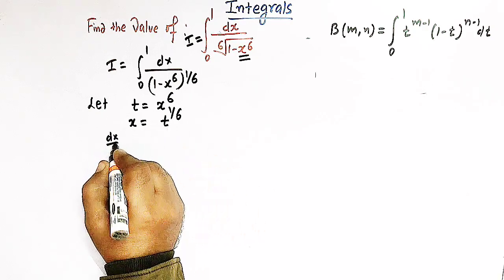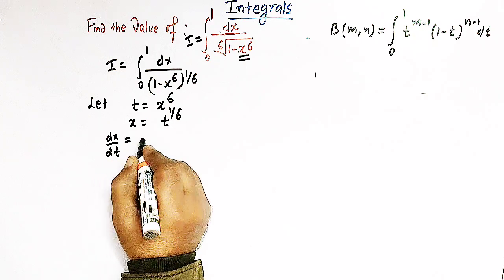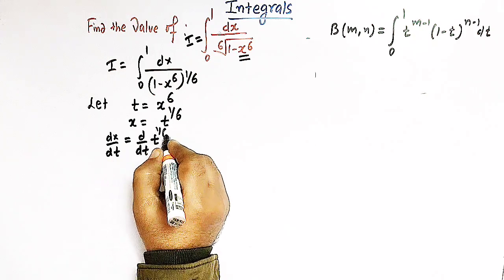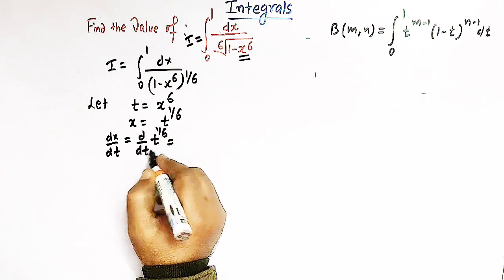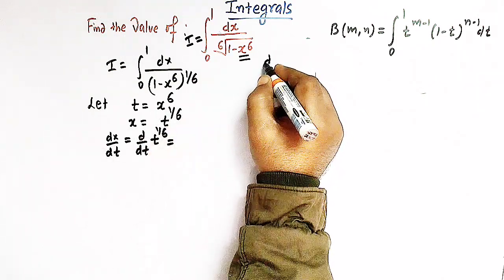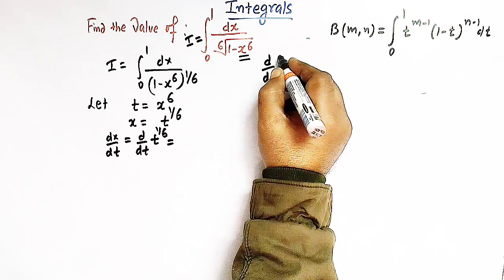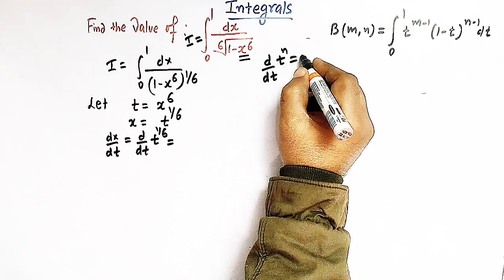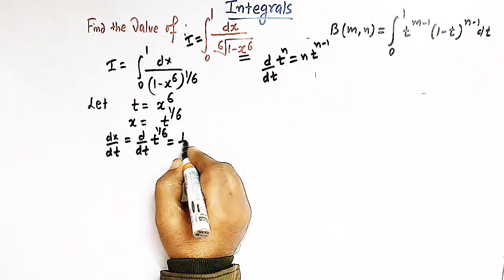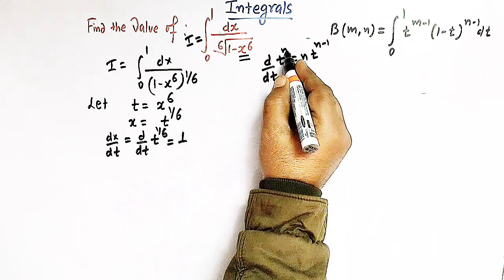So we can now write dx over dt is equal to d by dt of t raised to 1 over 6. Using the power rule, that is the derivative of t raised to n is given by n times t raised to n minus 1, and here n is equal to 1 over 6.